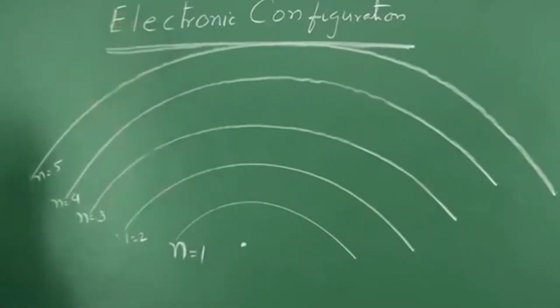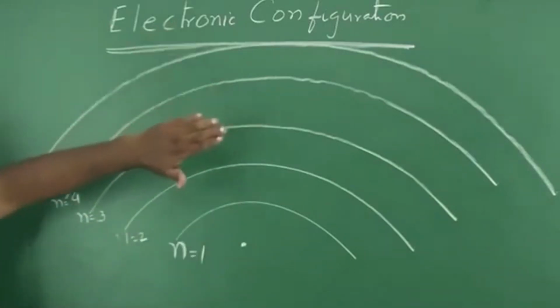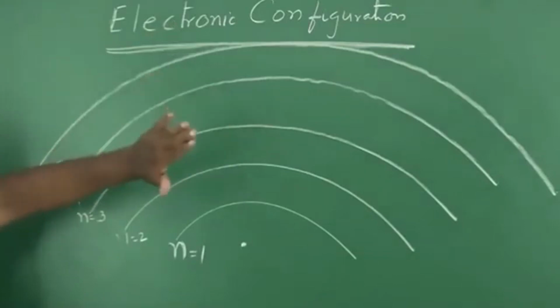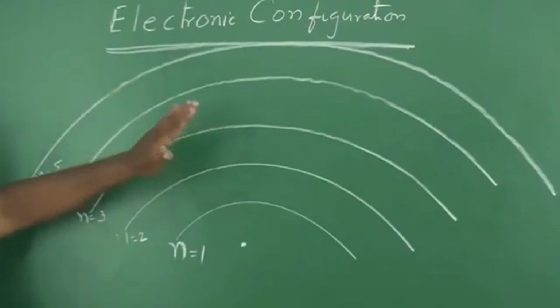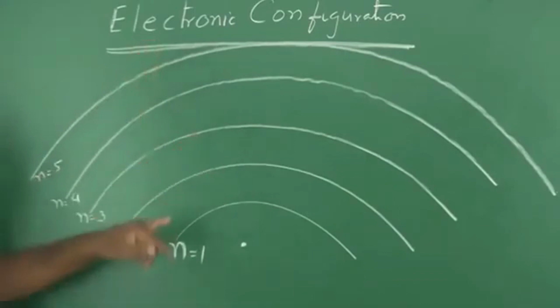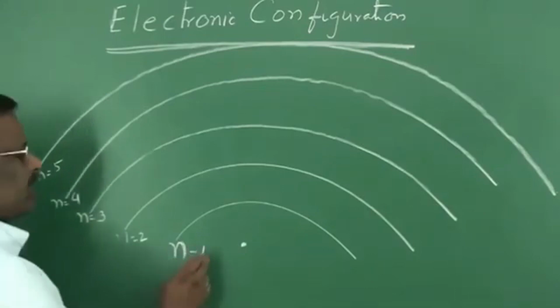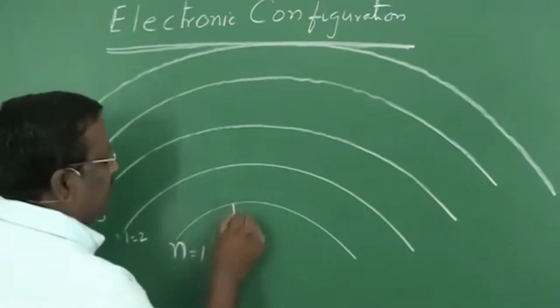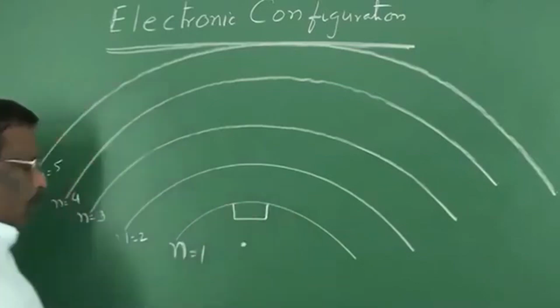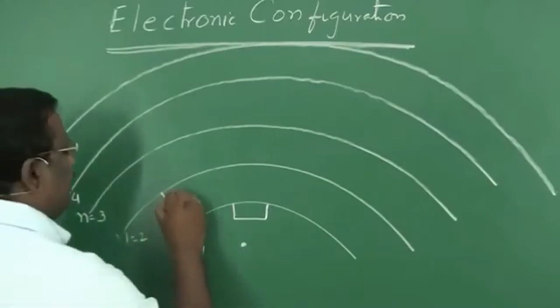Now, according to the azimuthal quantum number, or angular momentum quantum number, each main energy level will have certain sub-energy levels. The number of sub-energy levels present in each main energy level is equal to its n value. So for n is equal to 1, only one sub-energy level is there. For n is equal to 2, we have two sub-energy levels.